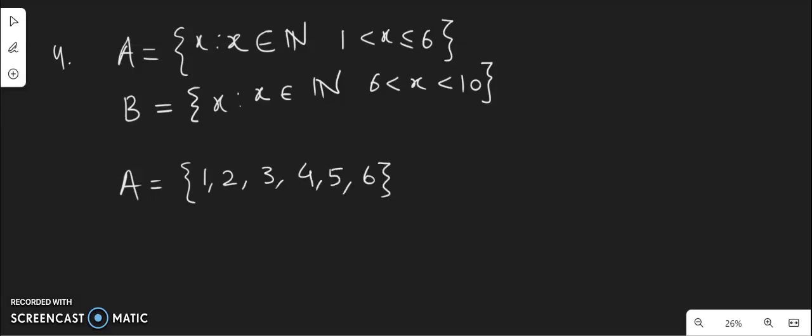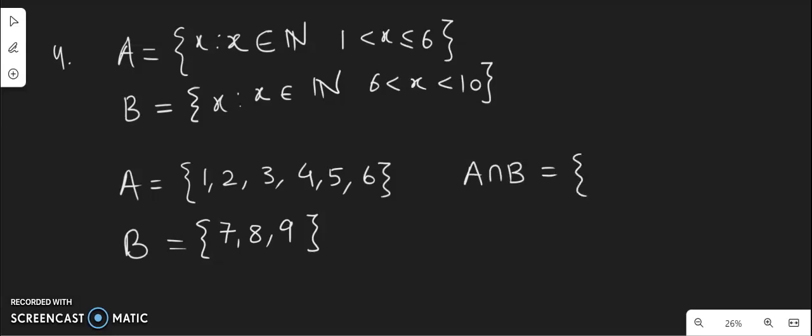These are the members of A. And if you write set B, x is above 6 and less than 10, so I start with 7, 8, and 9, three elements, because it is less than 10, which means 10 is not included. And if I want to write A intersection B, there is no common element. So it is going to be an empty set, represented by phi. That is exactly how A intersection B is written in this case.